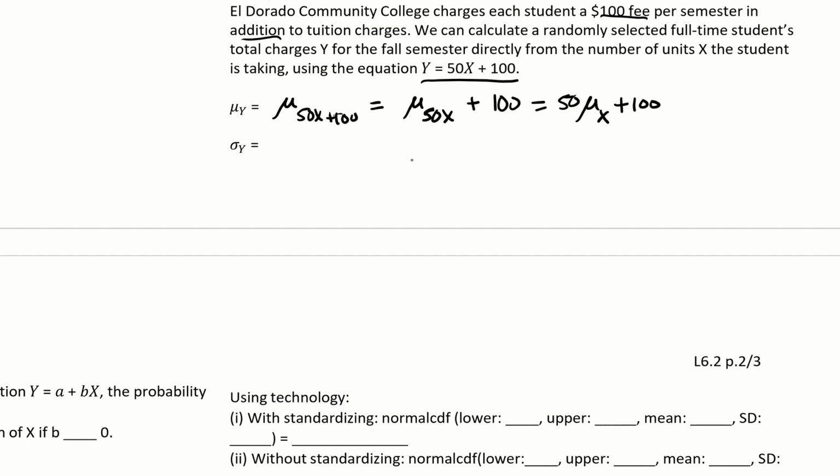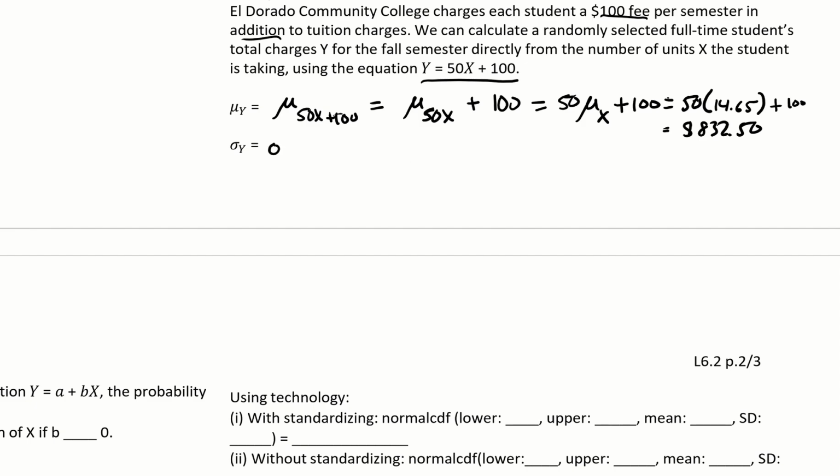So notice how I broke it apart. Mu 50x plus the 100, and then the 50x becomes 50 mu x, right? Simple, but you want to make sure you understand how to do that. And then 50 times the mean, which was originally 14.65, and then plus 100. So it's going to be $832.50.